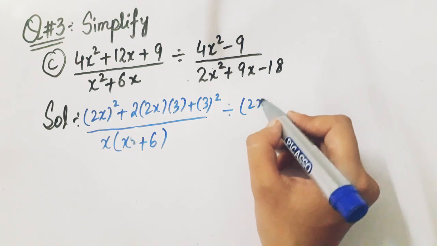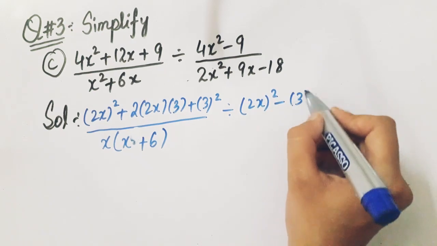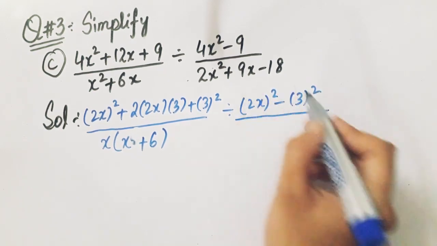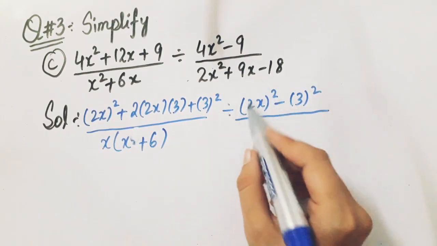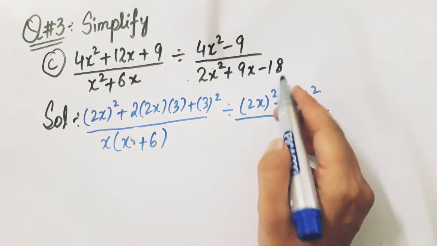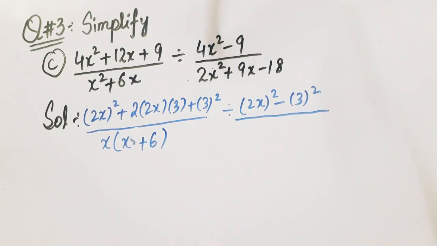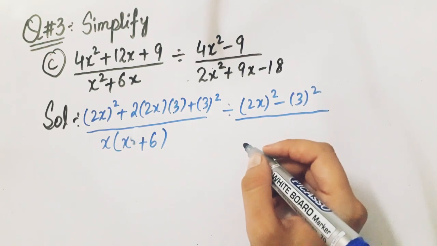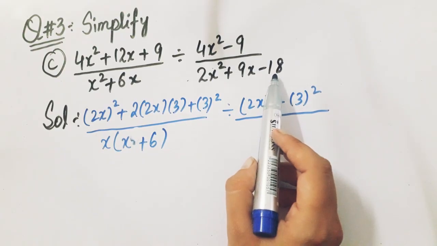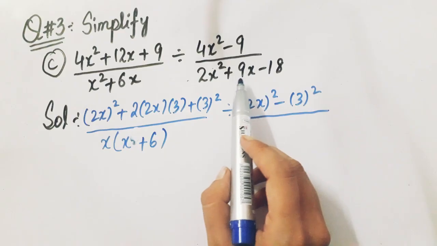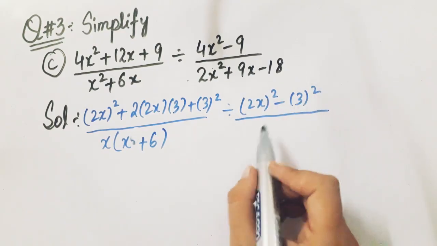Here you have 2x square minus 3 square, and in the denominator you will again make the factors of 36. You will make the factors of 36 such that when subtracted gives 9.